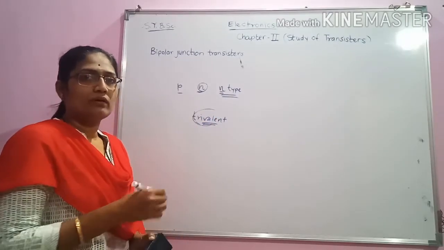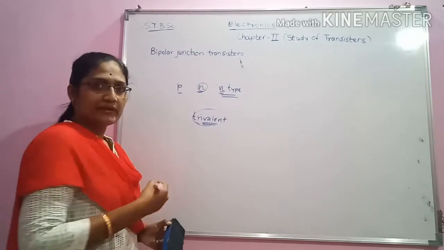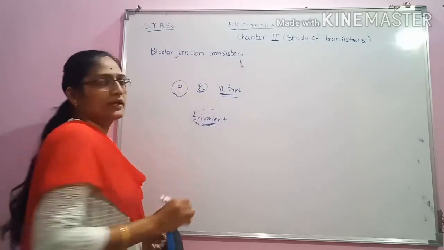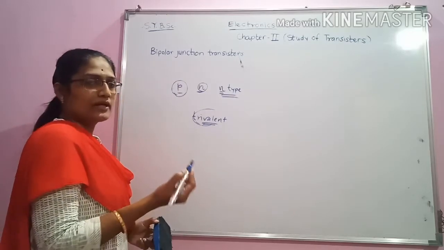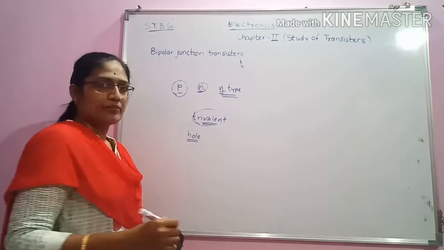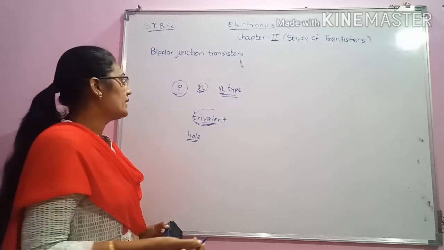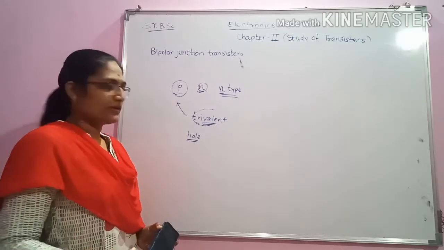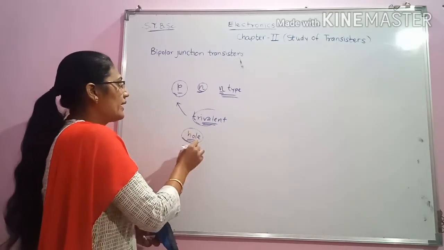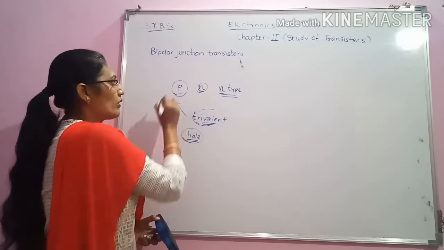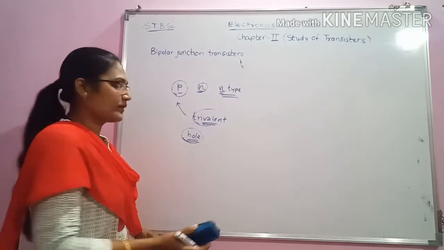There will be an absence of electrons. The absence of an electron is nothing but a hole. Therefore, the majority charge carriers in these materials are the holes, meaning positivity. Therefore, they are called P-type semiconductors.